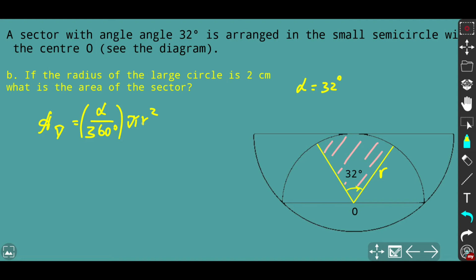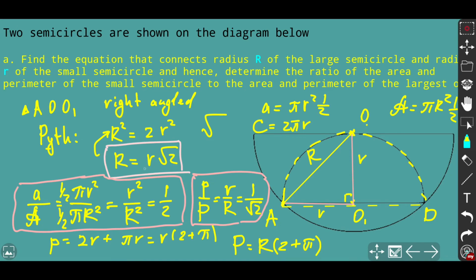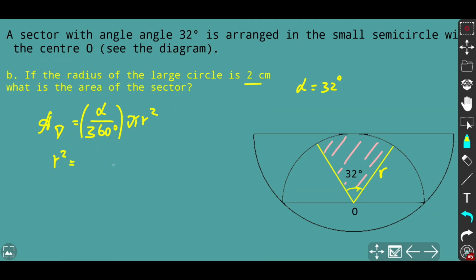But in our case, we are given the big radius. The large circle has a radius of 2 centimeters. So we need to remember that we express big R squared as 2 small r squared. That means we can express it through the big radius as R squared over 2. In our case, R is 2 centimeters, which will deliver us 4 over 2, which is just 2 centimeters squared.